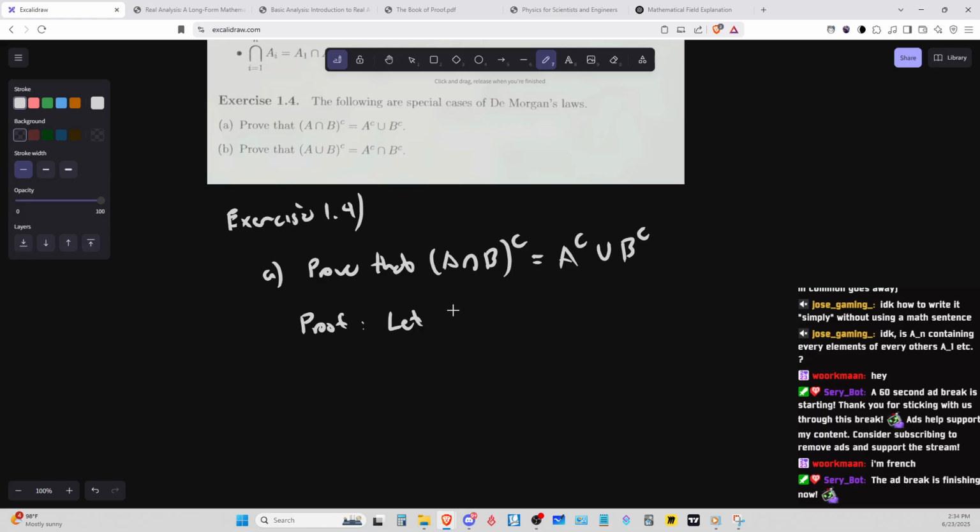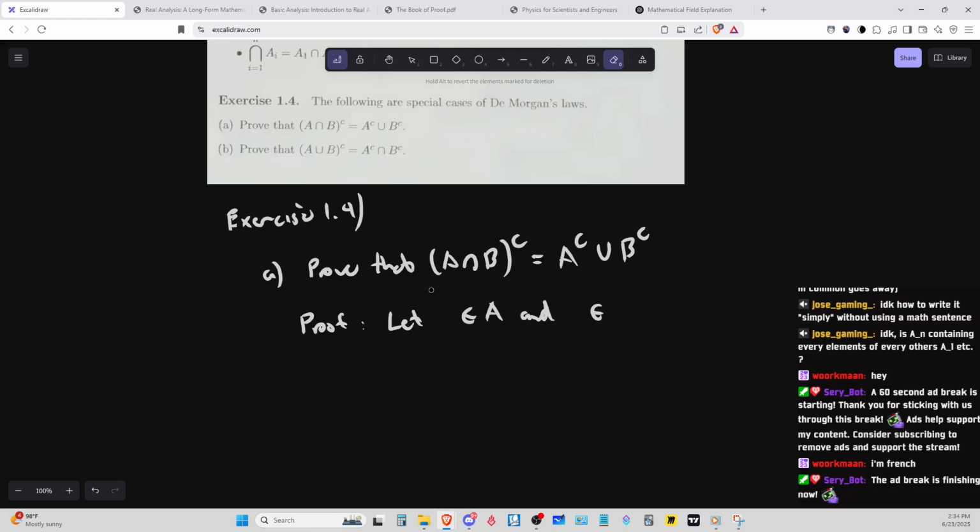Let x be an element of A and let y be an element of B. Actually, I should probably just write their lowercase versions, that way we don't have to fiddle around too much with different words.